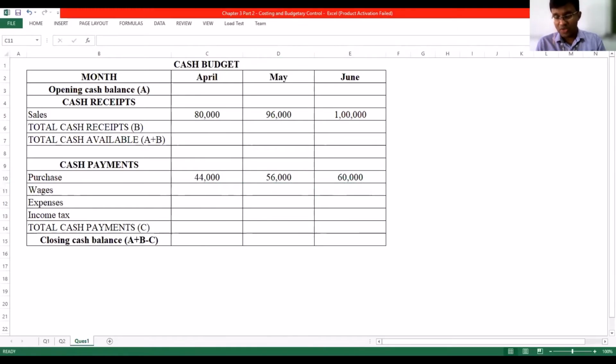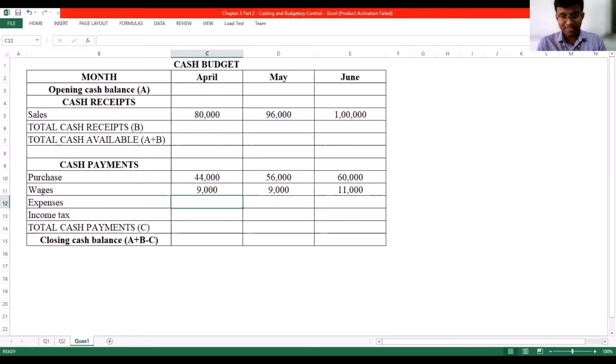Now, when it comes to wages, there is a delay in payment by 1 month. So in the month of April, you are settling the wages for the month of March, which is 9,000. In May, you're settling the payment for April, which is 9,000. And here you're settling the payment for May, which is 11,000.